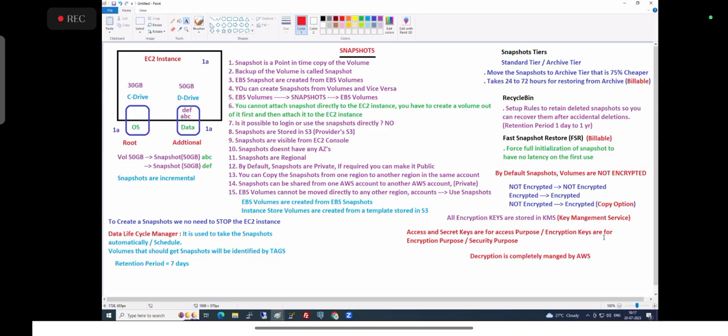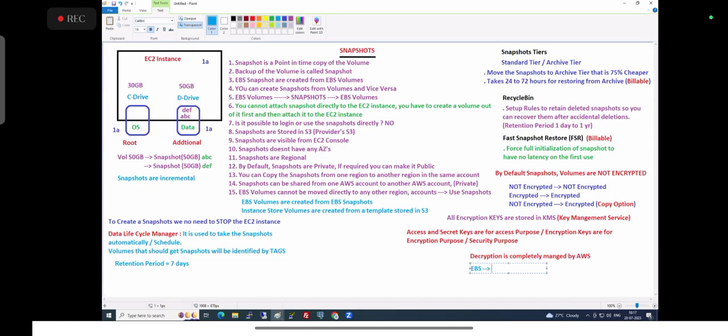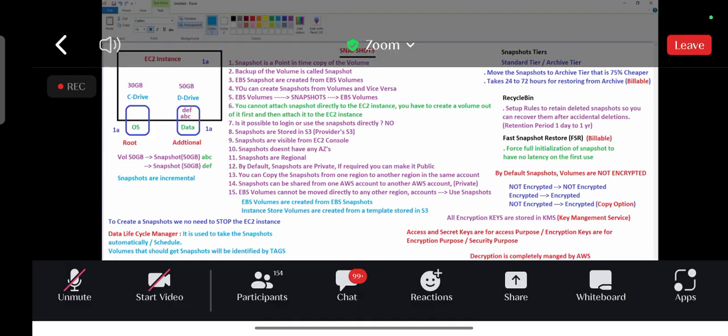Let's say you want to encrypt an EBS volume. EBS will give you a default encryption key. For EBS, there is a key called AWS/EBS. This is an encryption key, you can use it. For S3, there will be a key called AWS/S3. And for RDS, there will be something called AWS/RDS.